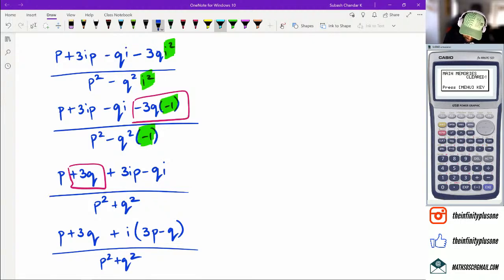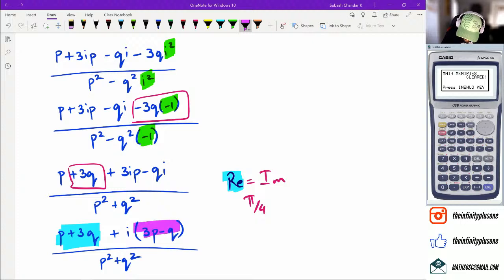Remember that I talked to you earlier about how real is equal to imaginary when the argument is pi over 4, which is 45 degrees. So we can say that the real part, which is p plus 3q, is going to equal the imaginary part, which is 3p minus q.